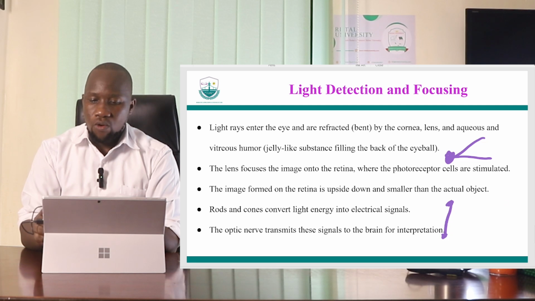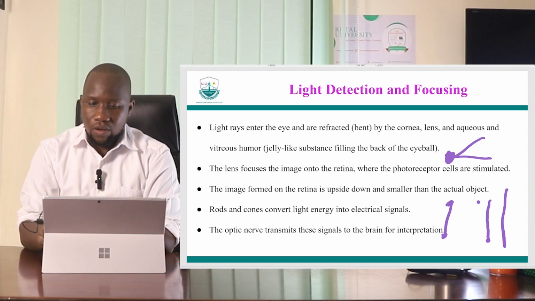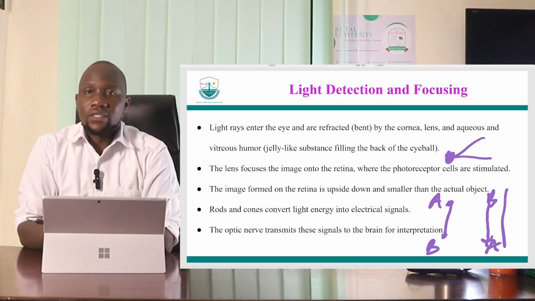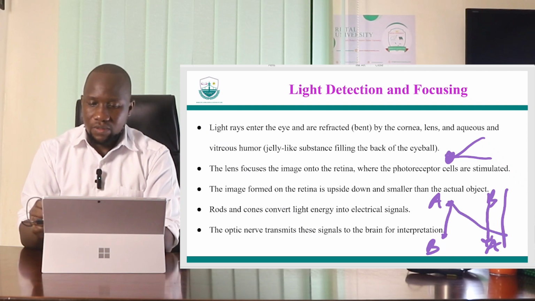Okay, so on the retina, what was top here comes down, if this is A, this is A here, and then B would be B here. This is what we are saying, that the image will be upside down, okay, because the rays will be like this, something like that.